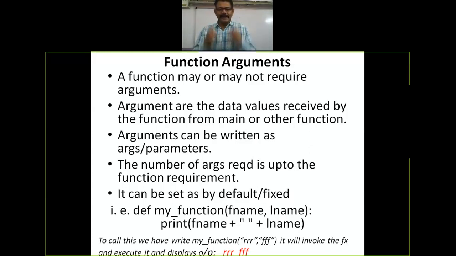If the function needs to take data, then it must have arguments. If a function does not require any data from the main or any other function, then it does not have any argument.